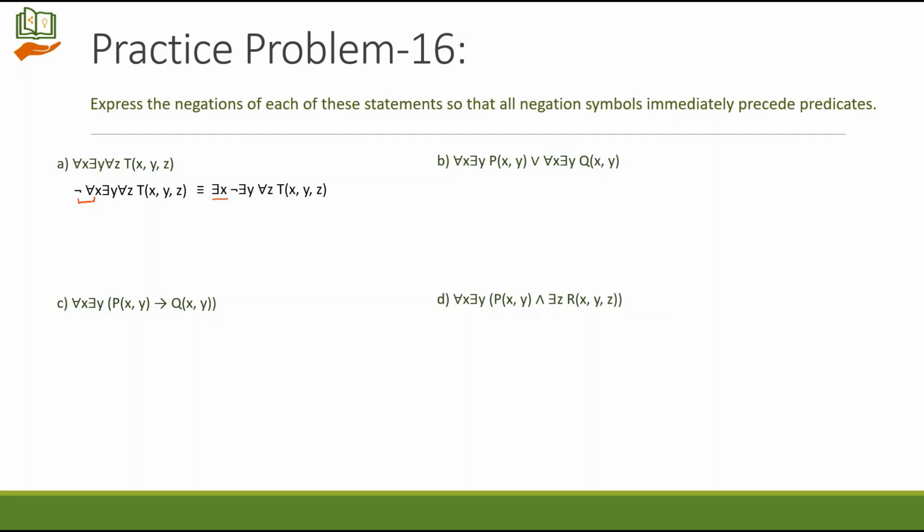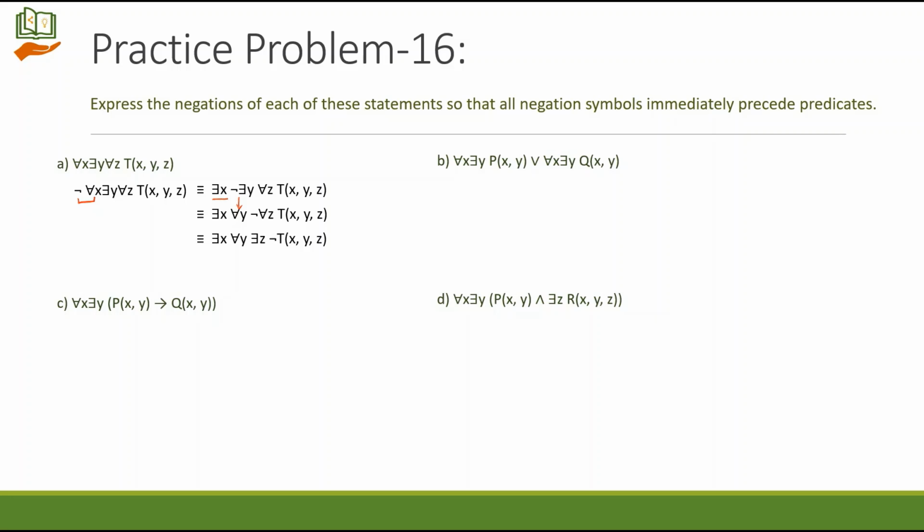What is negation of existential? It is universal. So we are changing this to universal y and the negation is moving to the next quantifier. What is negation of for all? It is existential again and we are moving it to the predicate part now. They are asking us to move it till the predicate. So this will be the final answer.